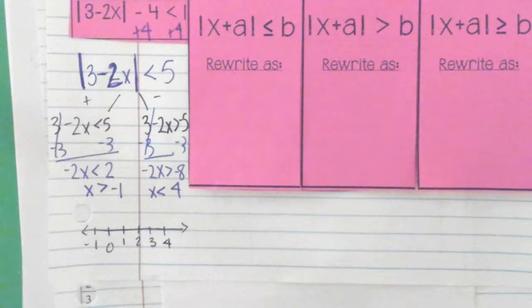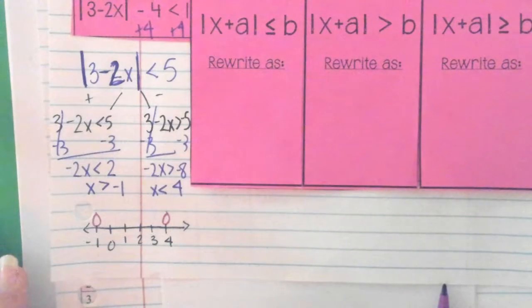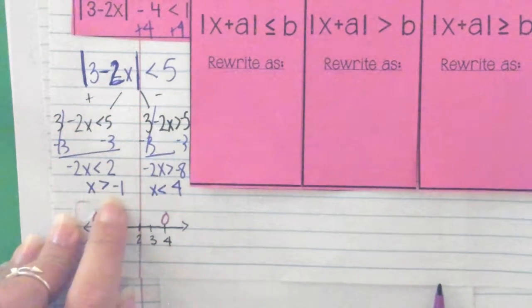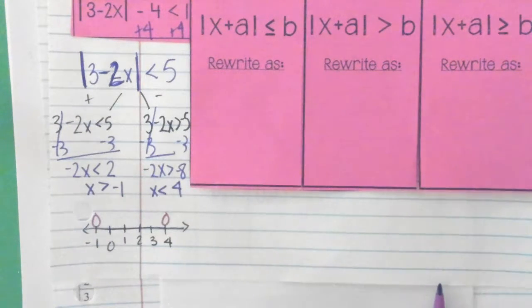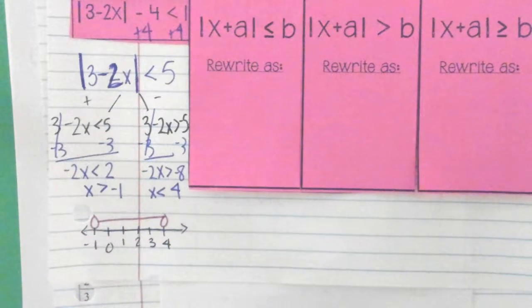Alright, am I going to use open or closed circles? Open. Alright, what numbers are greater than negative 1 but less than 4? So what should I do with those dots? Connect them. Boom, look at us go.